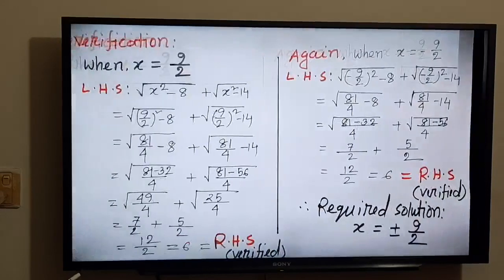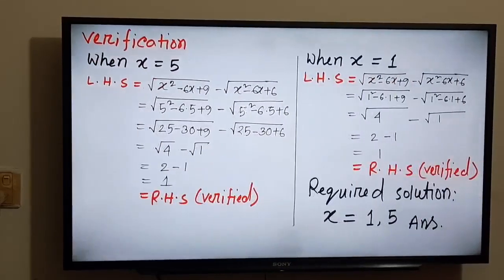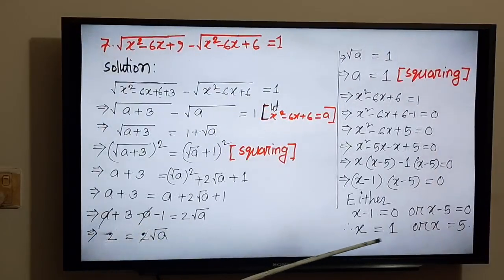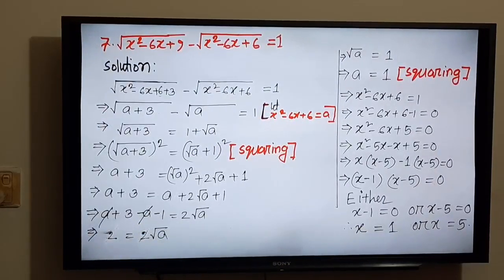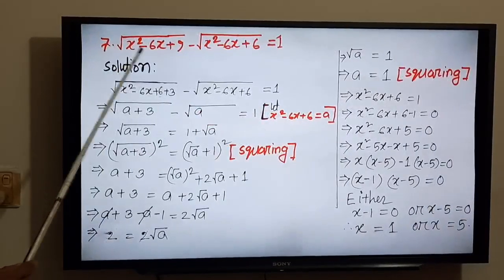Now we want to do the verification. x is equal to 1 and x is equal to 5 are our possible solutions. So now we have taken x is equal to 5 for verification. Our left hand side is this term.